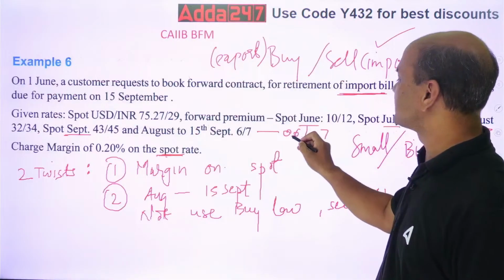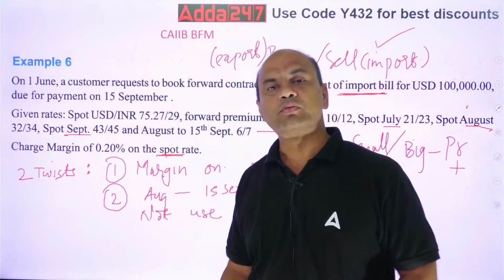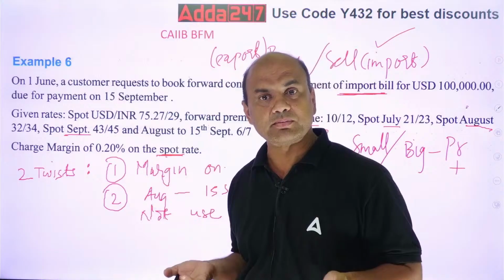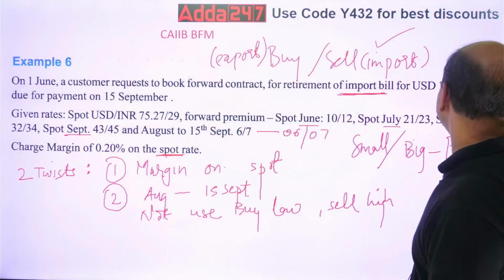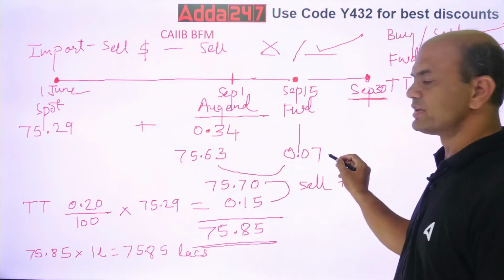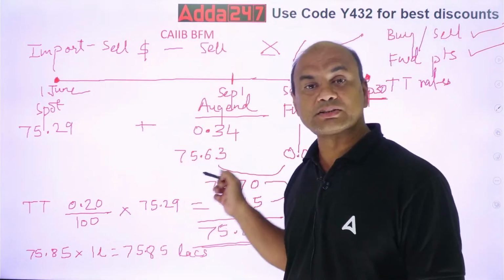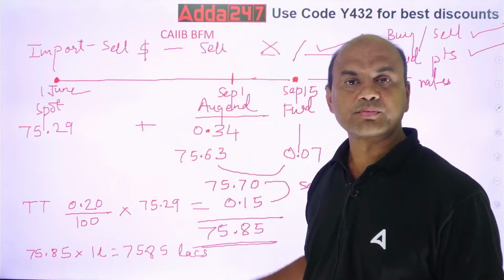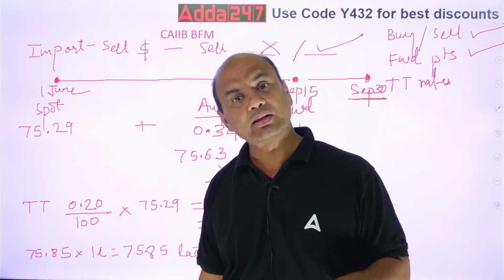Right side is bigger, which means the currency is in premium. So again I'll add it. 75.63 plus 0.07 is 75.70.